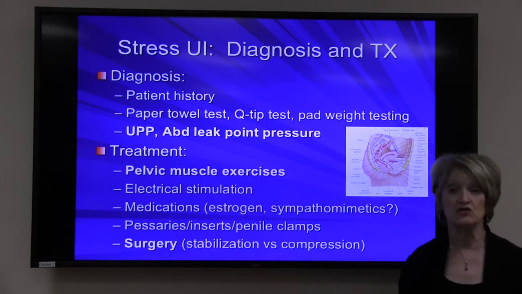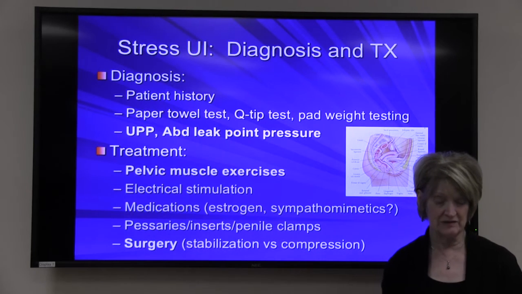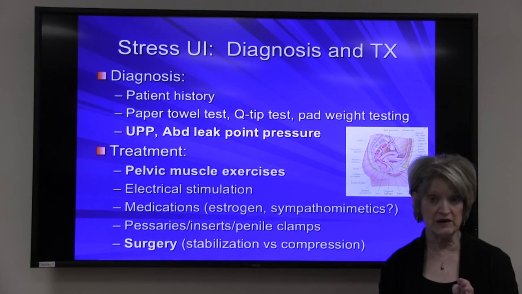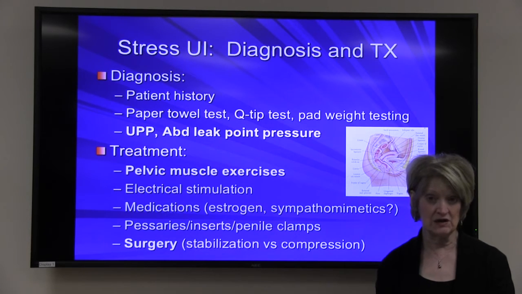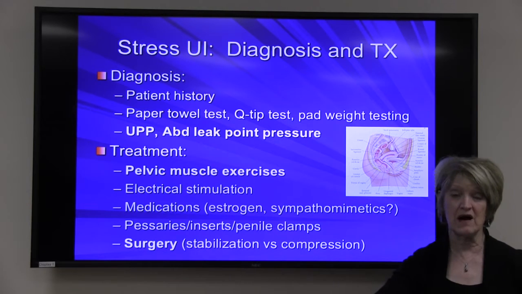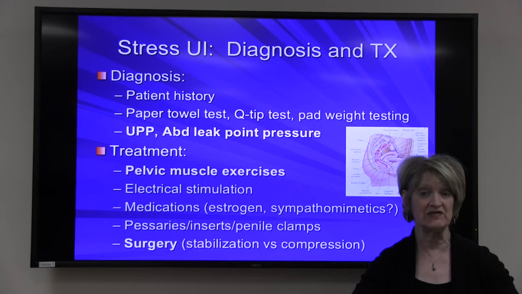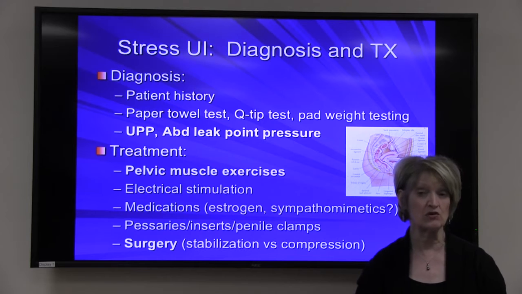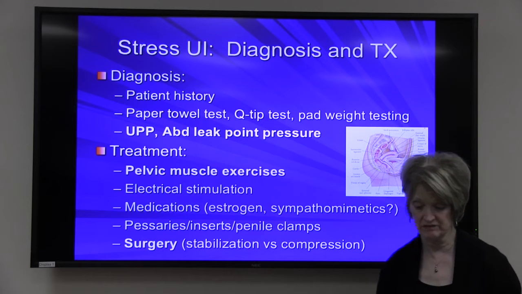A variety of surgical procedures are available for individuals with stress incontinence. Most of them simply stabilize the urethra in position in order to optimize sphincter function. But some of them actively compress the urethra to actively increase urethral resistance. We will talk about the different types of surgical interventions in detail under treatment.